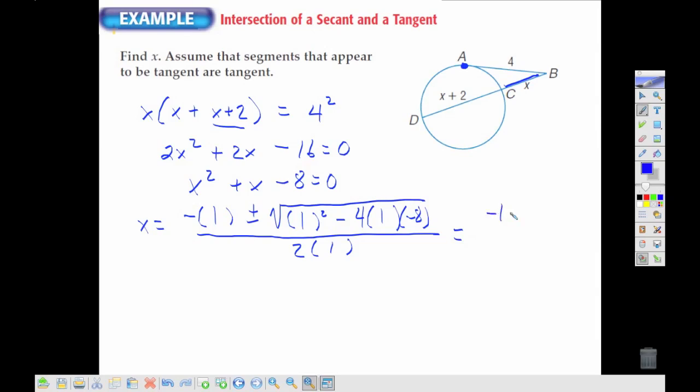And so this will simplify to negative 1 plus or minus the square root of 33, divided by 2. We'll have to use our calculator to work that out, and rounding to the nearest tenth, that's going to be about negative 3.4 and 2.4. Again, it doesn't make sense to have a negative value for x, so we're only going to use the 2.4 as our answer.